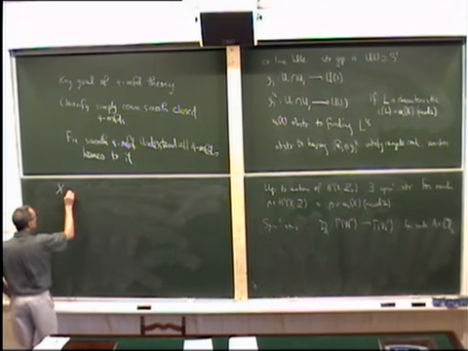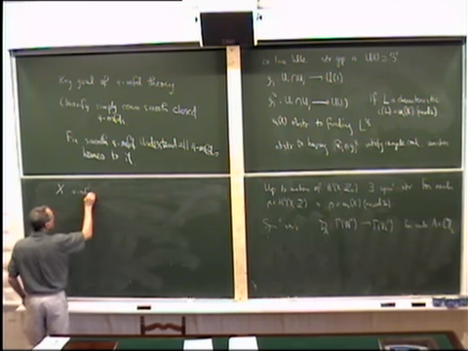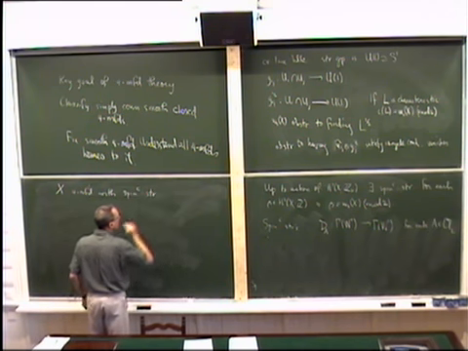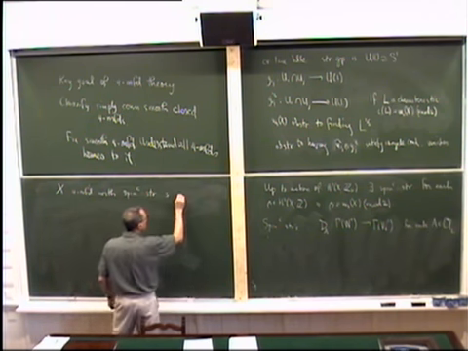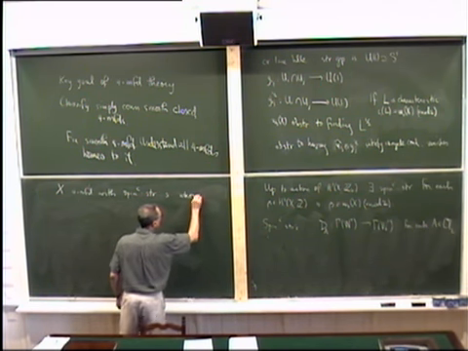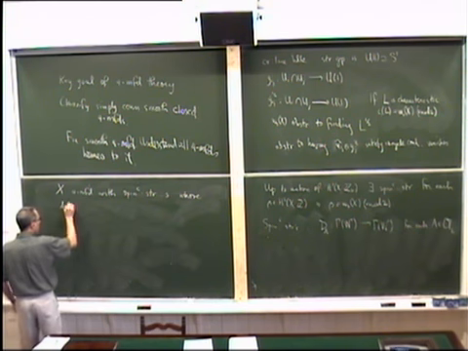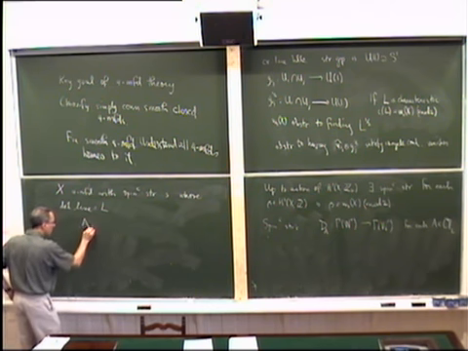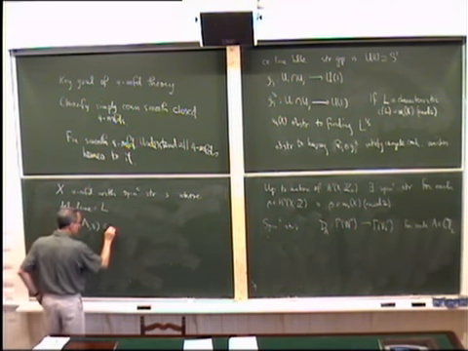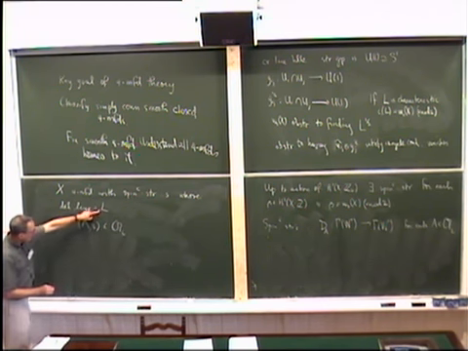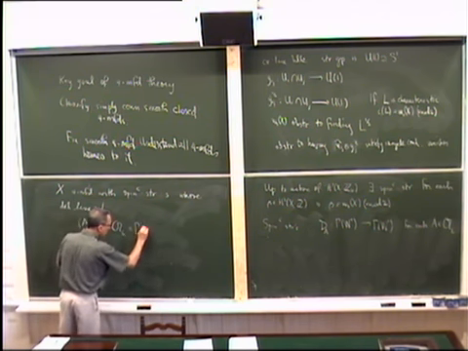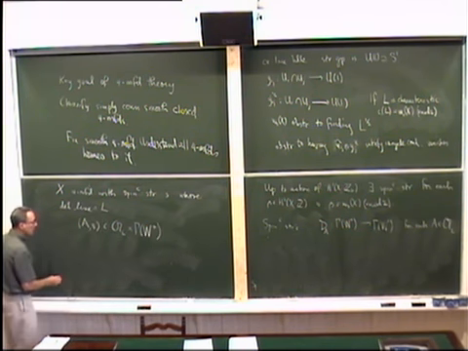So X, a four-manifold, with spin C structure, say S, whose determinant line is L. Then for a pair A, C, a connection on this line bundle L and a section of W plus, you can write down the following equations.